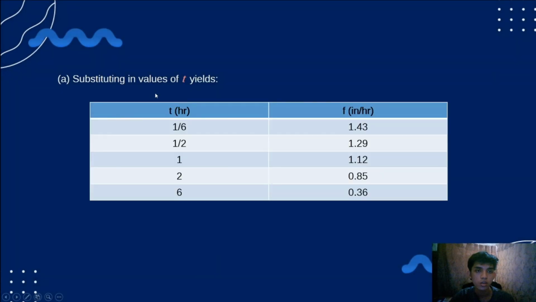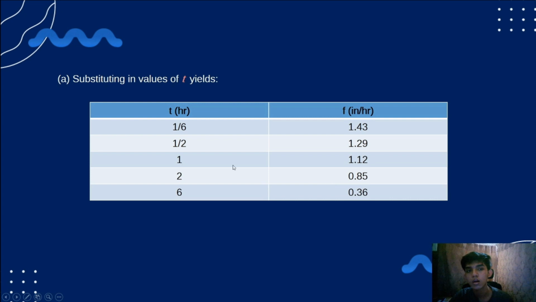Substituting values of t yields: 1 over 6, which is the time, gives 1.43, which is our f, or our infiltration rate, in inch per hour. 1/2 is equal to 1.29 inch per hour. 1 hour is equal to 1.12 inch per hour. 2 is equal to 0.85, and 6 to 0.36.